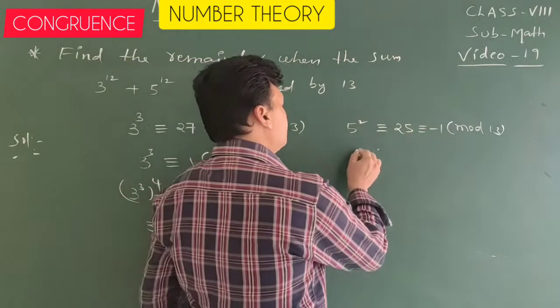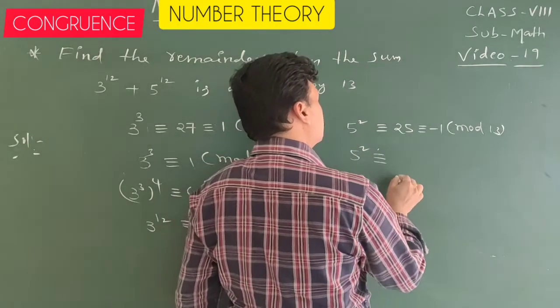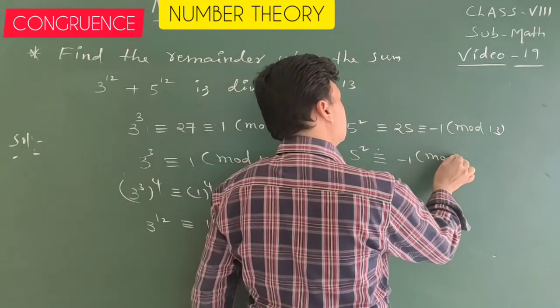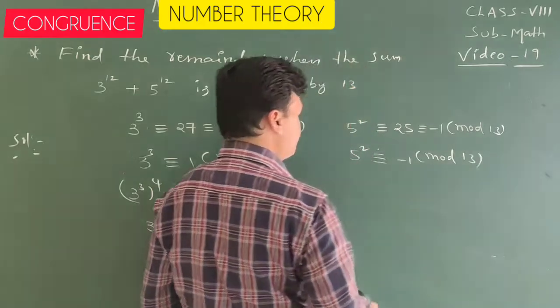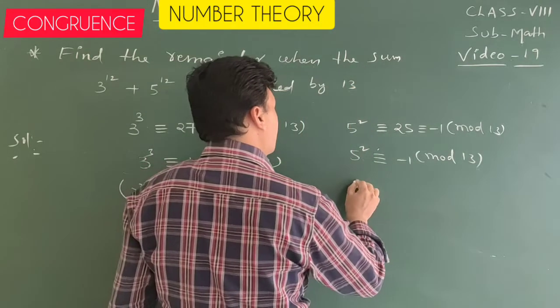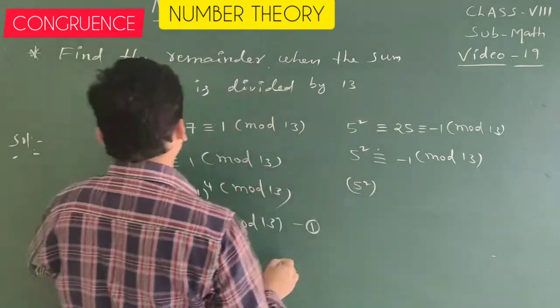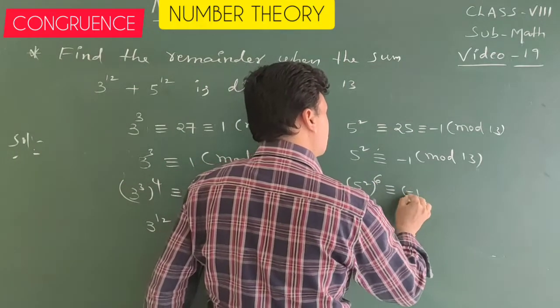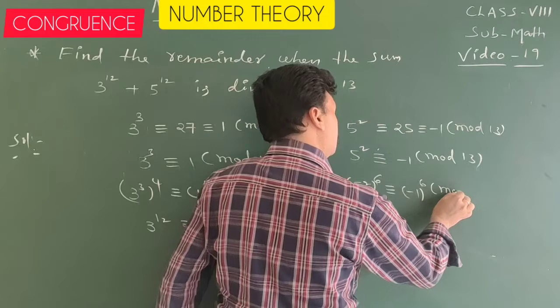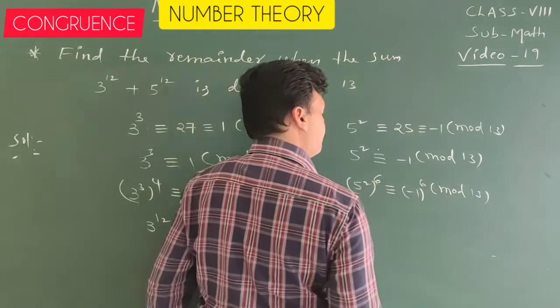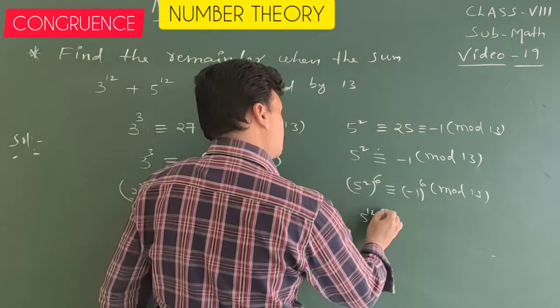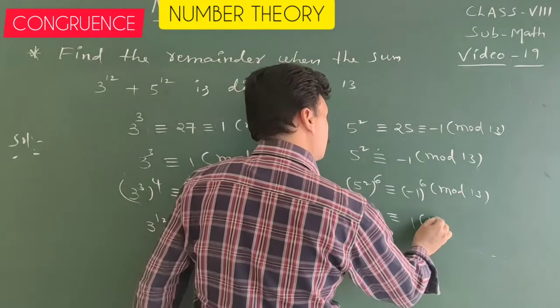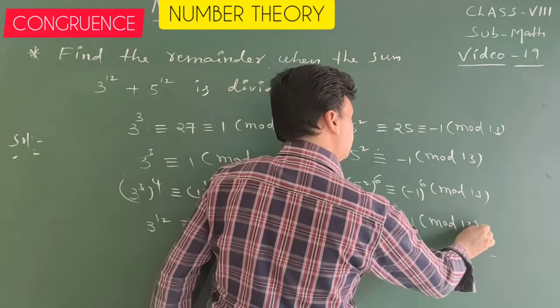So 5 square is congruent to minus 1 mod 13. So 5 square whole power 6 is congruent to minus 1 whole power 6 mod 13. So 5 power 12 is congruent to 1 mod 13.